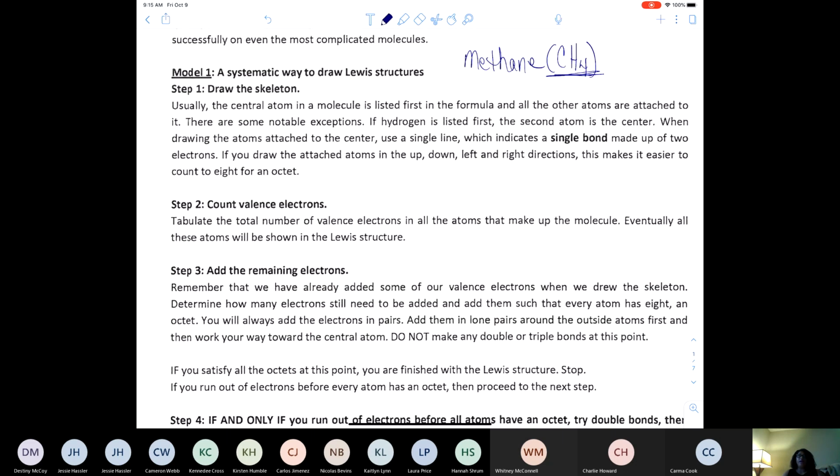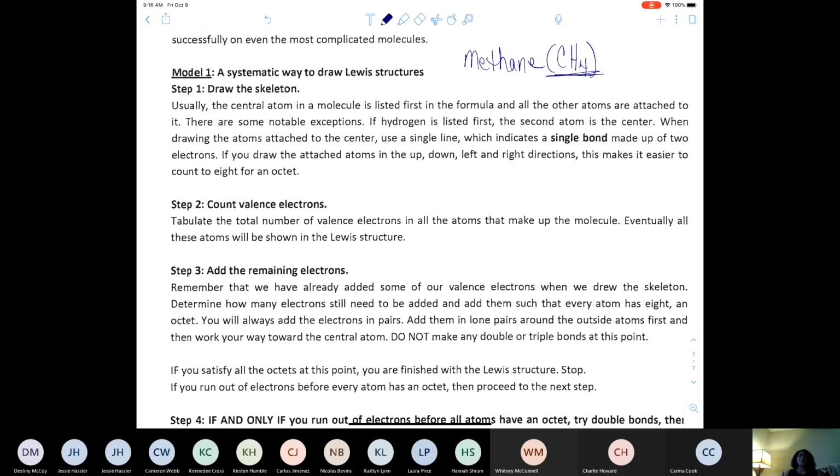Now, if you ever have a molecule or compound that you're going to draw the Lewis structure for, if hydrogen is shown first in that formula, then the second atom shown in that formula will be the central atom, because hydrogen, being an exception to the octet rule, and therefore only having a total of 2 valence electrons in its valence shell after it forms a covalent bond with another atom, will never be the central atom, because that would mean it will have more than 2 valence electrons in its valence shell once it forms a covalent bond.